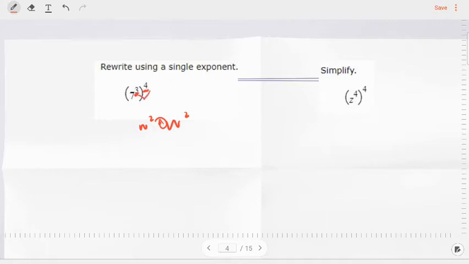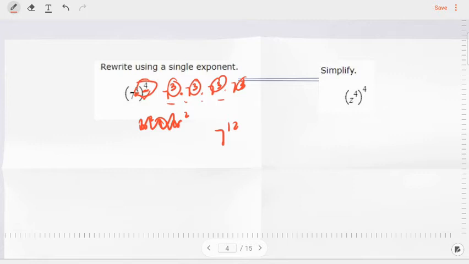And I'm not going to add my exponents because really what I have is 7 to the 3rd, 7 to the 3rd, 7 to the 3rd, and 7 to the 3rd. I've got 4 of those. So in order to simplify, I'm just going to combine 3 plus 3 plus 3 plus 3 is 12. So 7 to the 12th power.